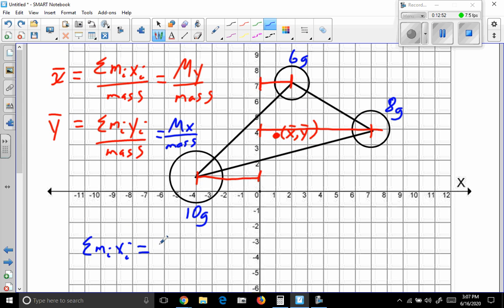So the mass here times its x component plus the mass here times its x component plus this mass times its x. So we get negative 40 plus 12 plus 56. So let's see, that's 16 plus 12 is 28.